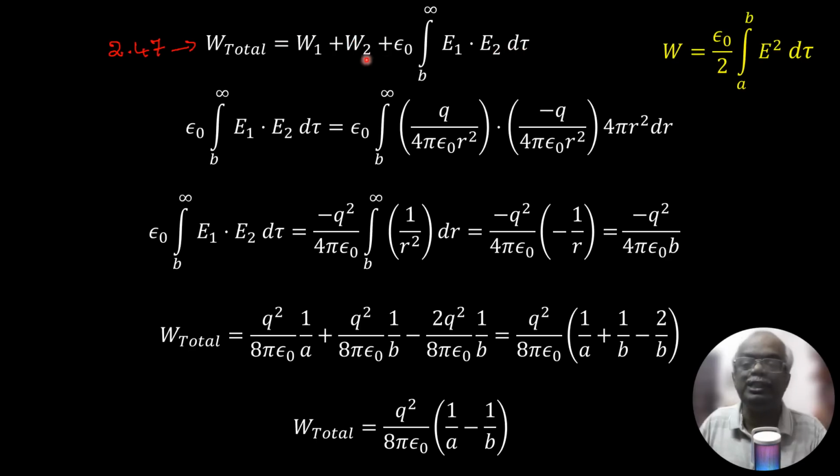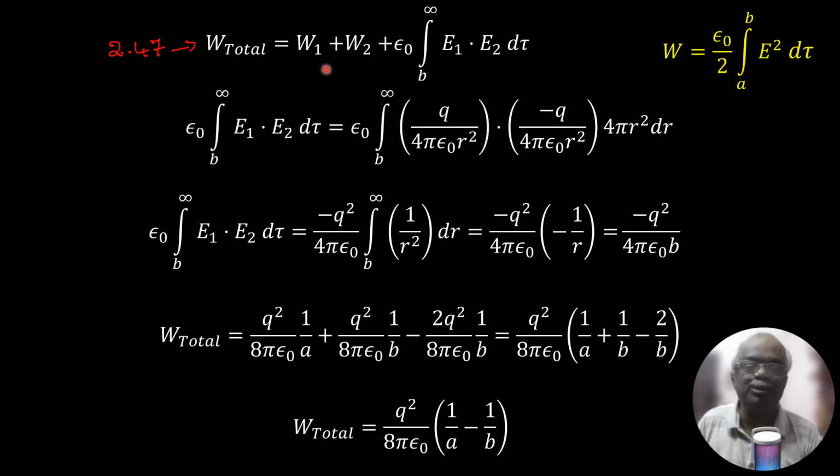Where we have seen in part A, energy is equal to epsilon naught over 2 integrating E squared with respect to d tau. Now, unlike charge and electric field, you cannot apply the superposition principle for energy.